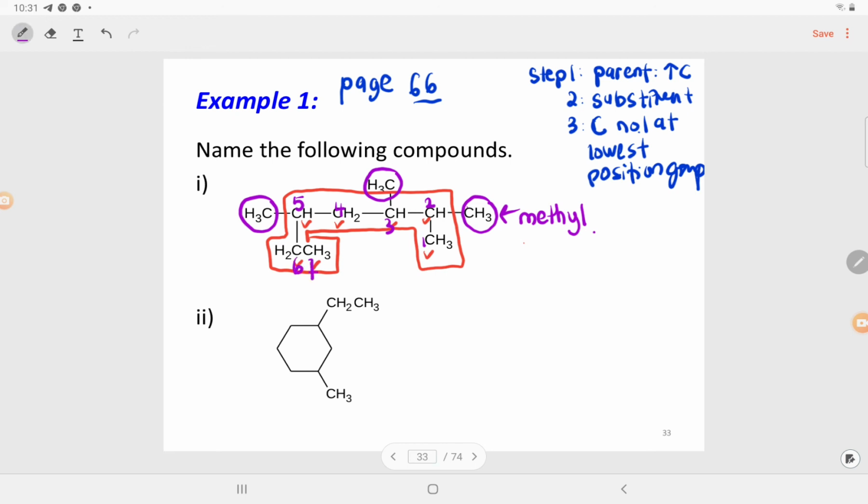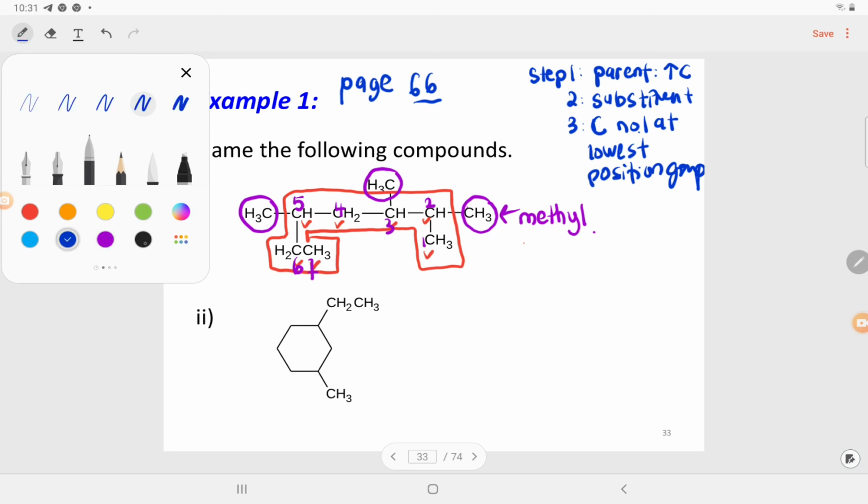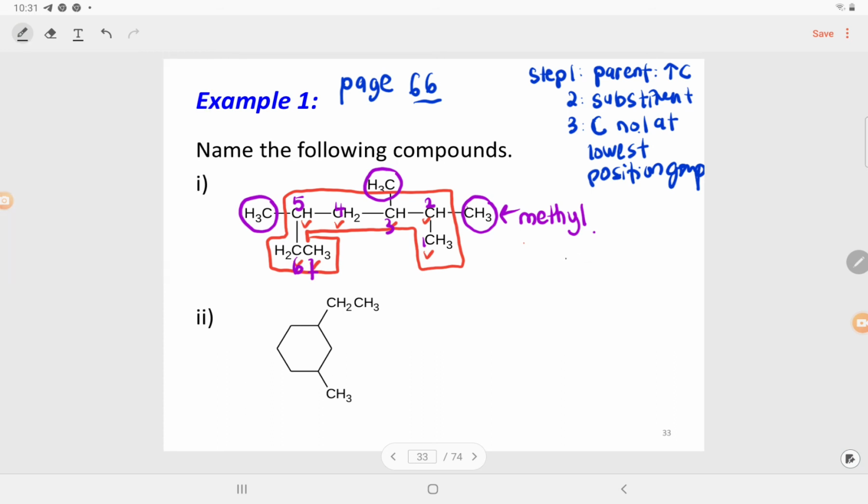So we can write down the name for the structure. The longest chain consists of 7 carbon atoms, and we label the parent chain as heptane. And we have substituent groups that are identical. So we label the substituent in front here. Methyl, how many times? 1, 2, 3 CH3.